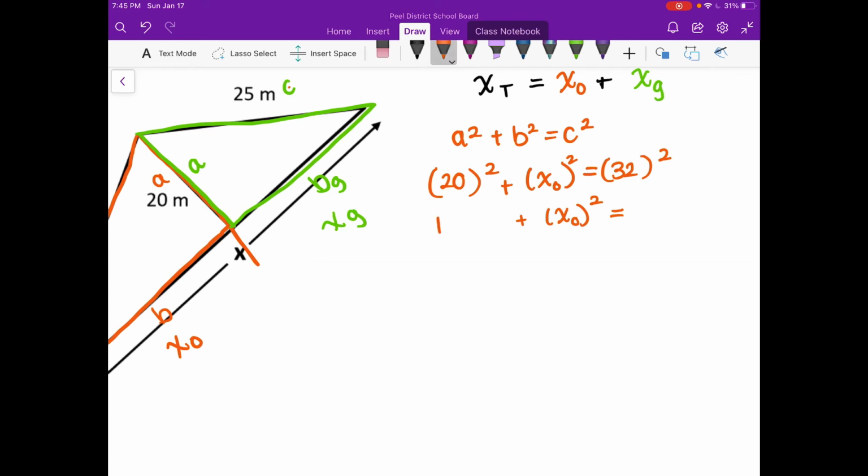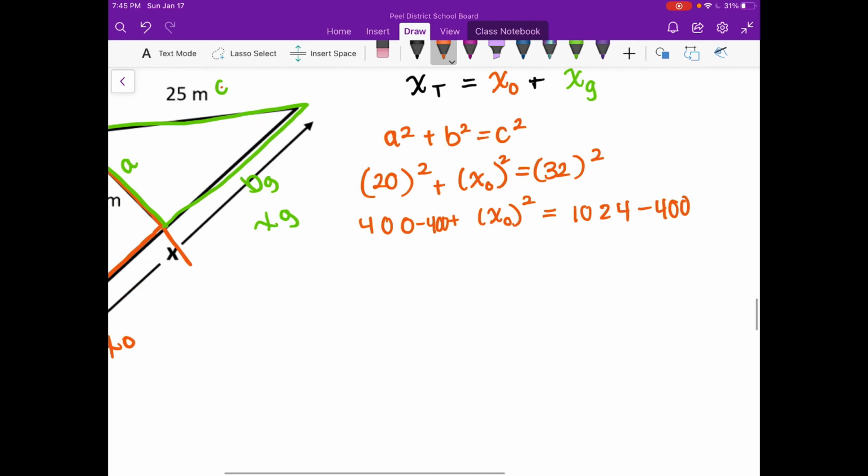So I have 400 here plus 1024. Just change the way that the numbers were. Now I want to get this x orange on its own, which means that I need to get rid of this 400 here. So I'm going to do minus 400 on this side, which means that I get a minus 400 on this side. 400 minus 400 just gives me 0, so I'm left with x orange squared equals 1024 minus 400, which is 624.